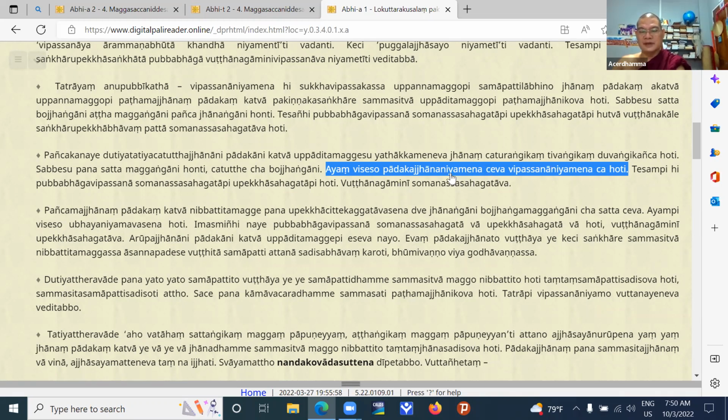Padaka Jana Niyama is determined by Padaka Jana. The factors of the Magga jhana are determined either by the Padaka jhana or by the Vipassana object.